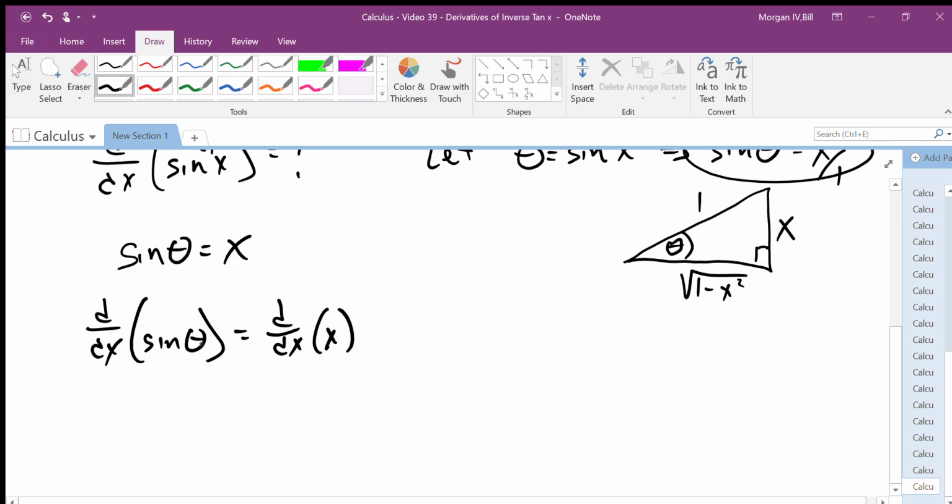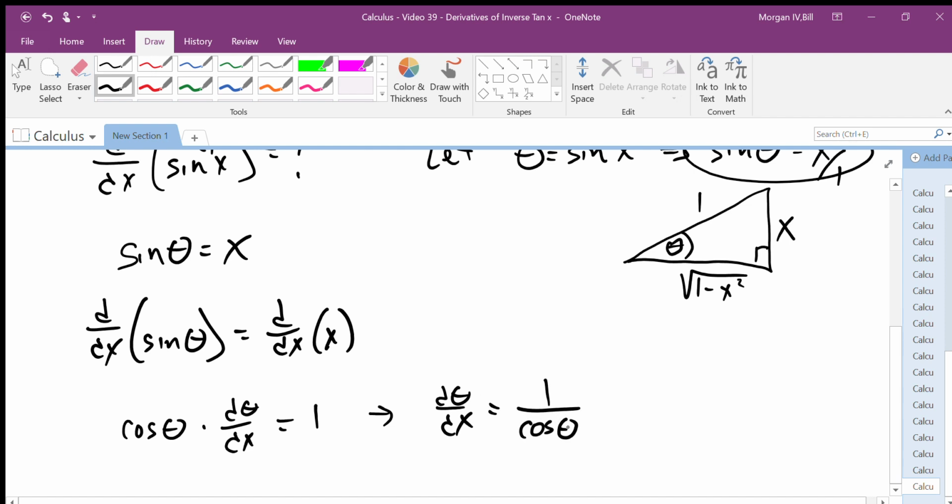So the derivative of sine theta is cosine theta times d theta dx, and that is equal to the derivative of x, which is 1. Solving for d theta dx, we get d theta dx is 1 over the cosine of theta.